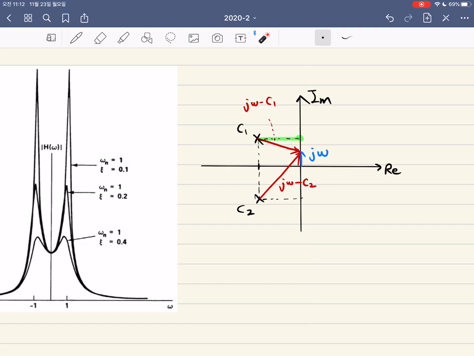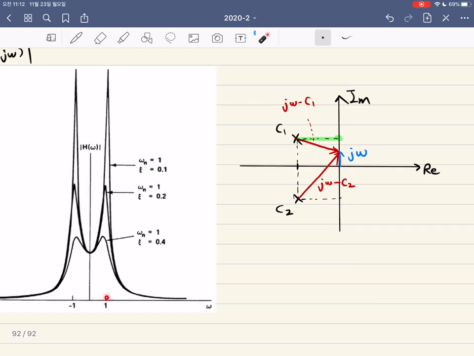And that means you will have the biggest magnitude at that point because you have the smallest one on the denominator, which means you have the biggest value here. So you will have a peak or a resonance at that point, which is 1 and minus 1. 1 for this value and minus 1 for this value here.